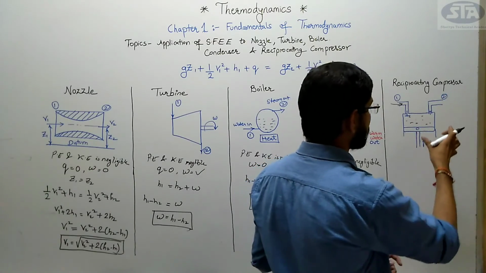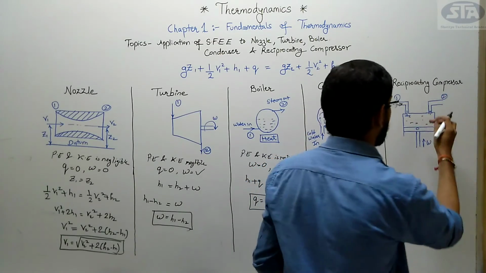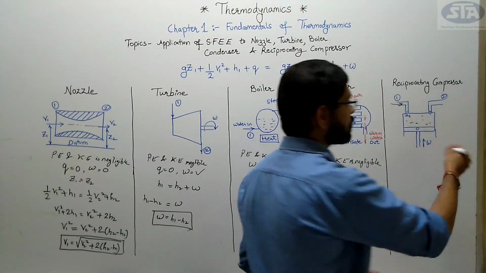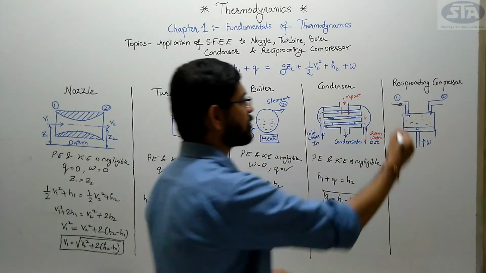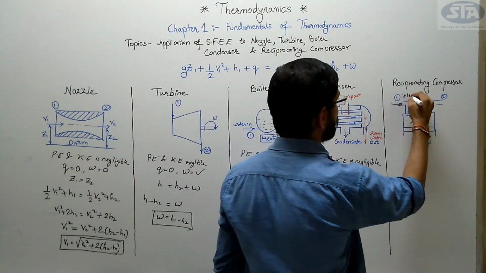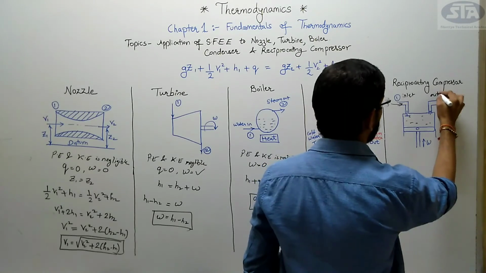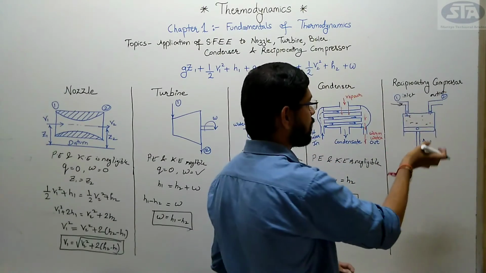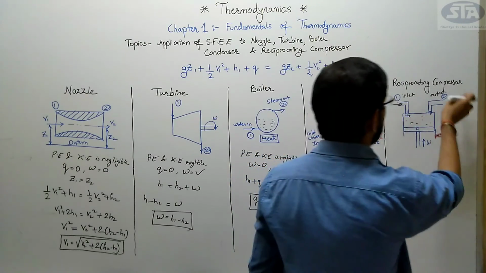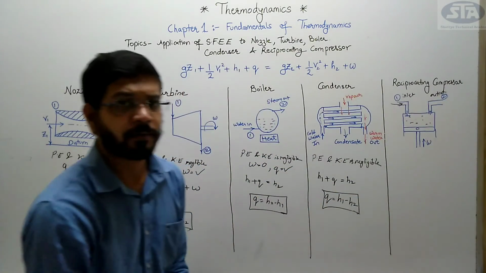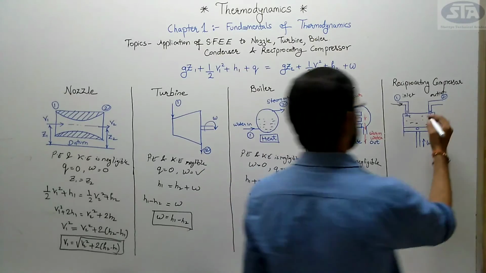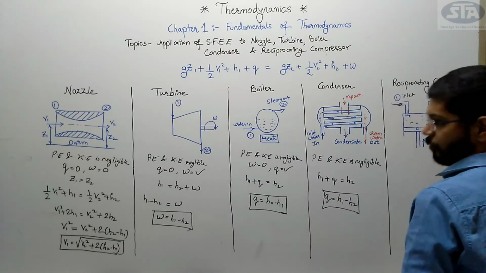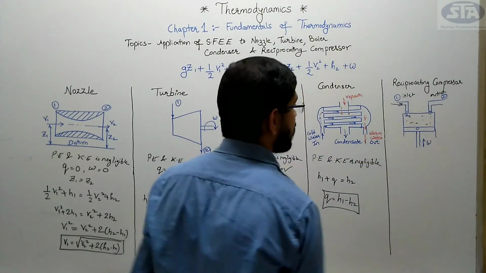The pressure increases and thus the heat also increases, and it is rejected through the second port. This is the inlet port, this is the outlet port. So it takes in, I apply some work, and the pressure would be more when you extract it from the outlet.